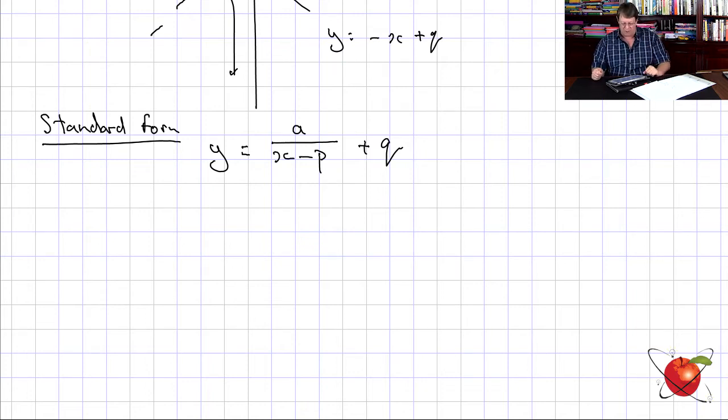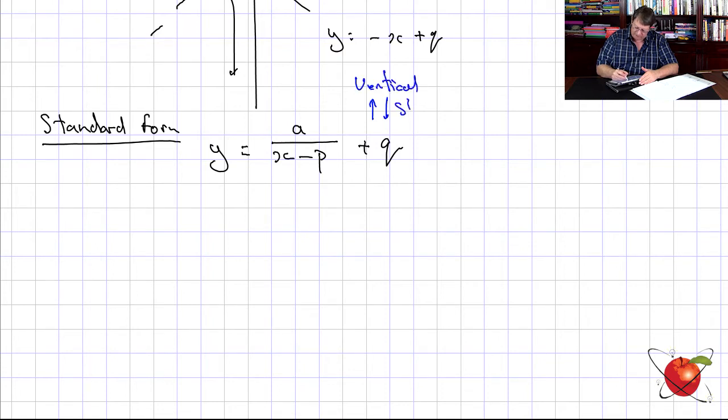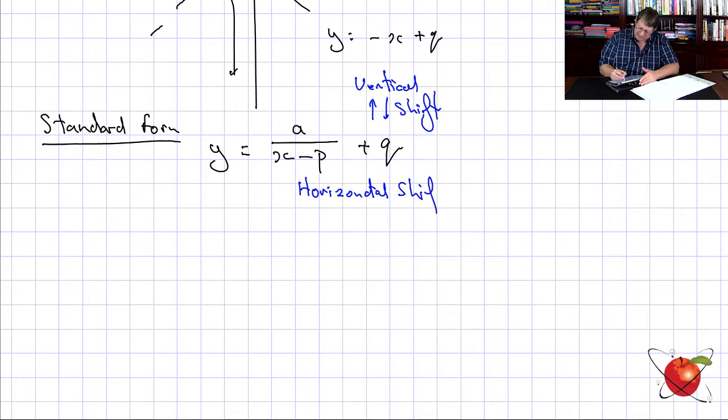The q we sorted. The q over there is our up or down, so it's the vertical shift. Any guesses what the p is? Yeah, it's the same. It's the horizontal shift. This is kind of getting quite tedious because they're all the same, right? I mean, what's the difference? They're all being shifted this way or that way, aren't they?